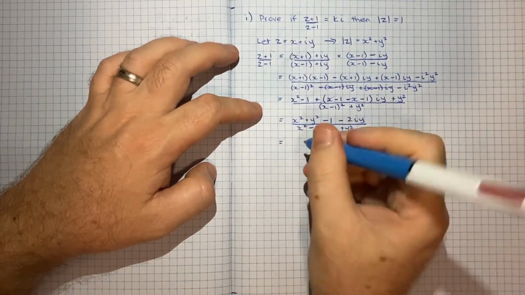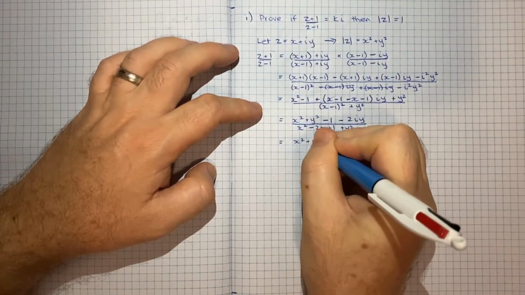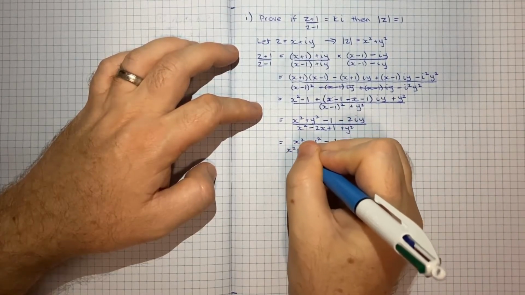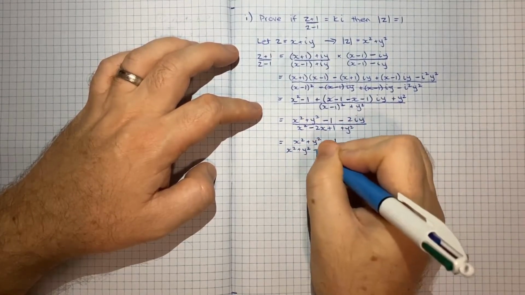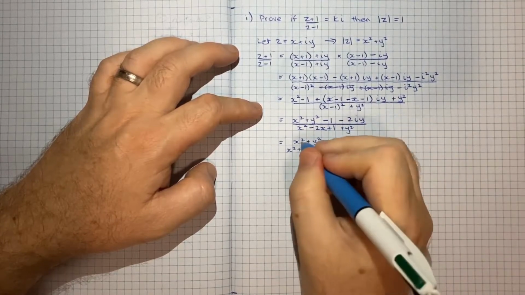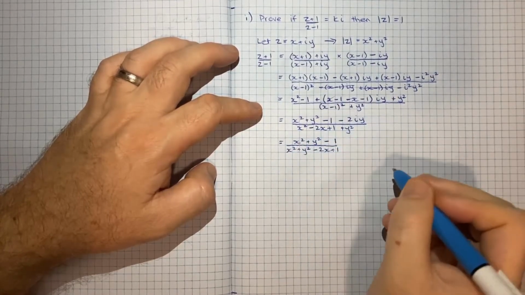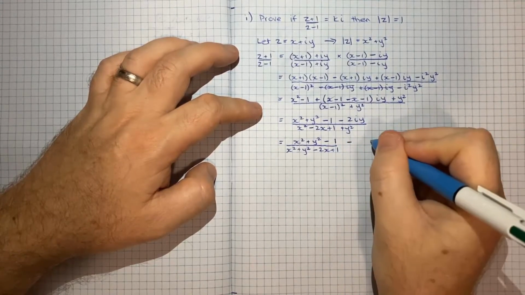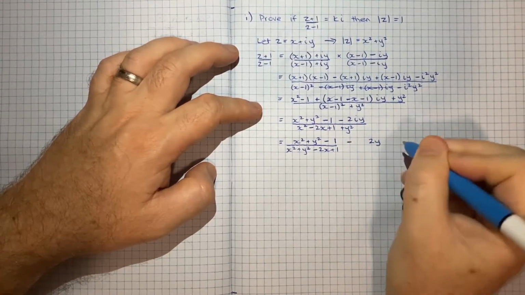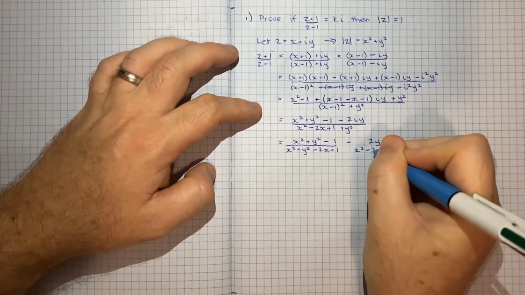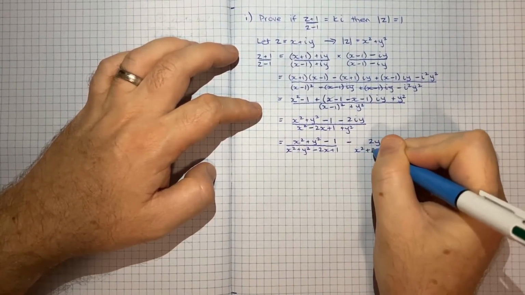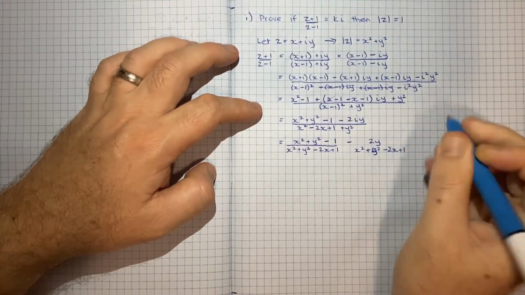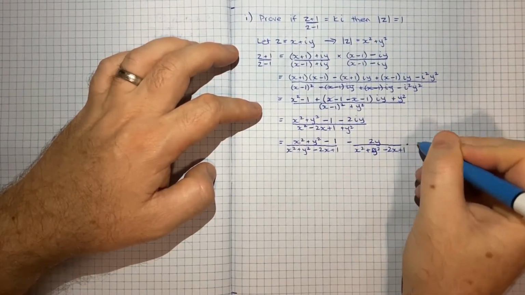So we'll get x squared plus y squared minus 1 divided by x squared plus y squared minus 2x plus 1. That's the real part of this complex number. And then the imaginary part will be minus 2y on x squared plus y squared minus 2x plus 1, times i.